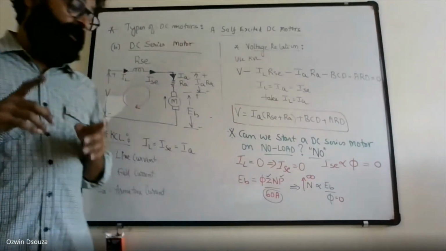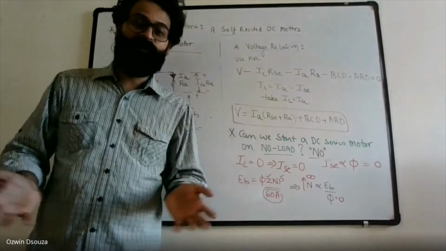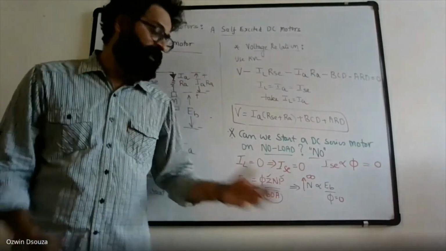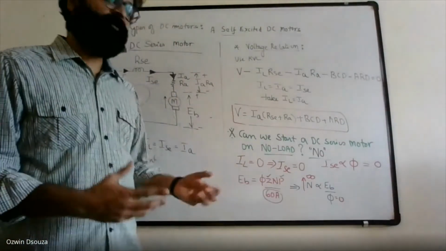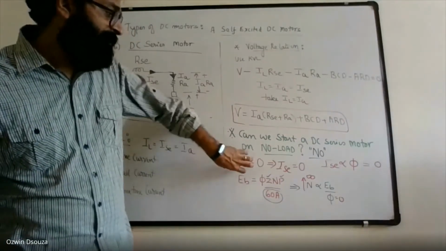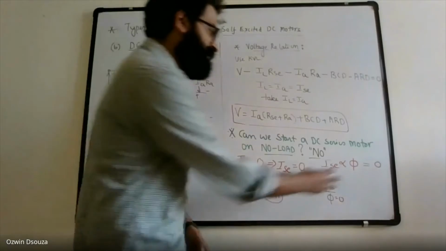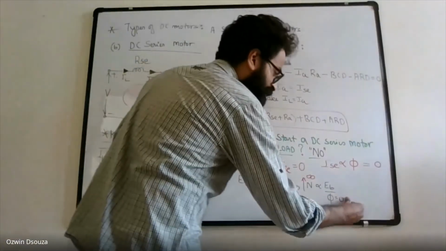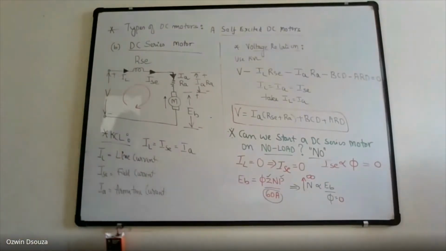All right. And you're not supposed to operate the crane without that cage or that trolley. So that trolley basically is going to act as some kind of load, due to which there will be some amount of current drawn by the series motor. And when there is current, there will be flux. And as the flux starts increasing, basically the speed starts to drop. All right. So that's about DC series motor.